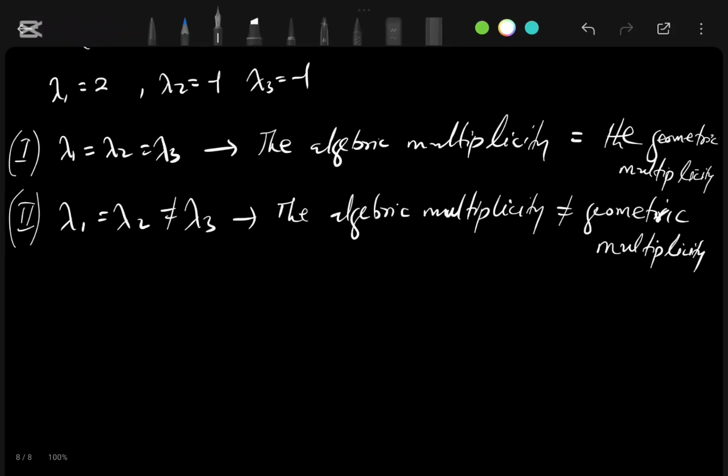So we consider now the eigenvalues with either every one of them being equal, or some of them being equal. After we find our eigenvalues, the next thing we need to find are our eigenvectors.